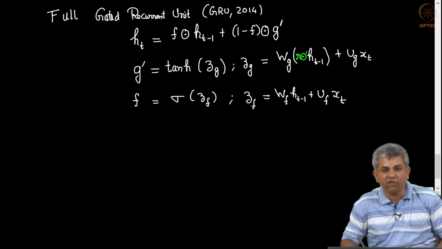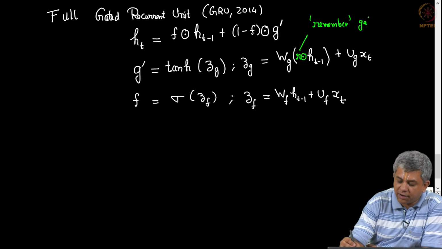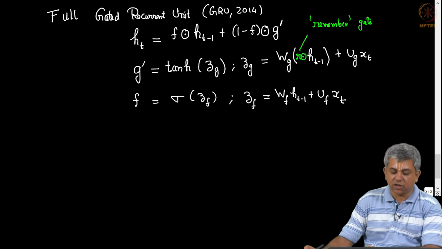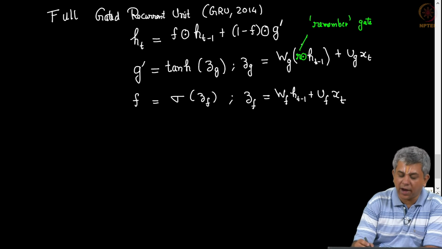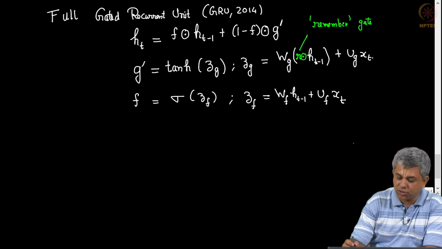There is another valve here, this is called the remember gate, okay, or the remember valve. So, instead of simply having Ht minus 1, you add yet another parameter there, R times Ht minus 1 plus Ug times Xt.